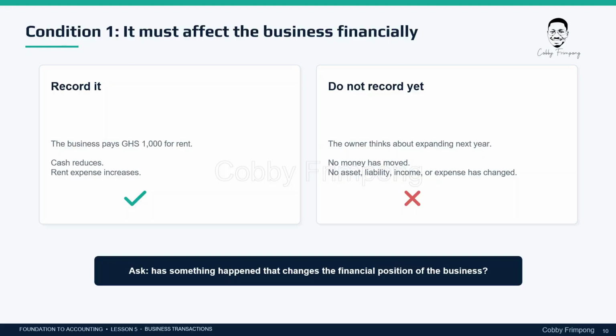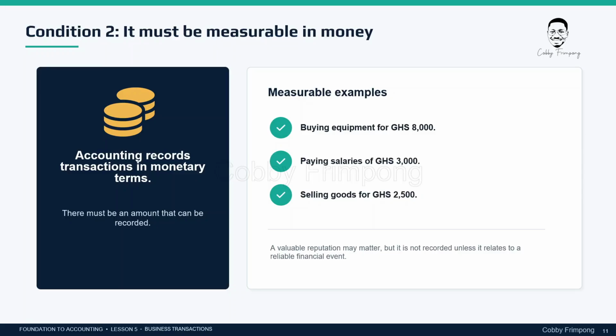If a business sells goods for 5,000 Ghana cedis, revenue increases and either cash or receivables increase. But if the owner simply thinks about expanding next year, there is no financial effect yet, so it is not a transaction.